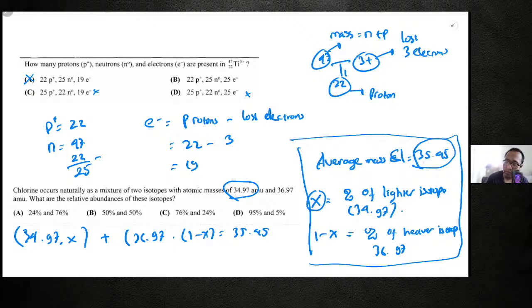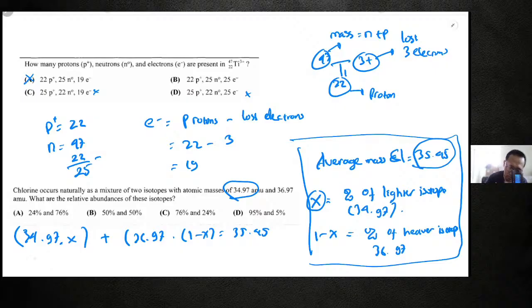Why this one? Because it is the average of both isotopes. Then we can do the math calculation to determine X. We want to determine X.